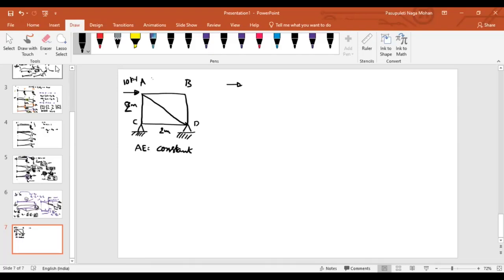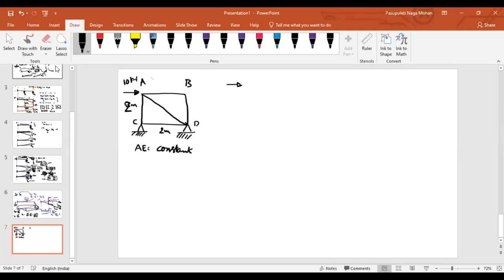Those who have selected the horizontal reaction at C, which type of support have you replaced it with? Rollers, sir. Roller in which direction? Horizontal direction. Those who have considered vertical reaction at C, in which direction do you place the rollers? Vertical direction, right?